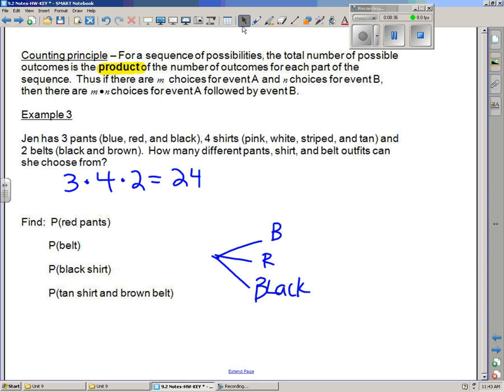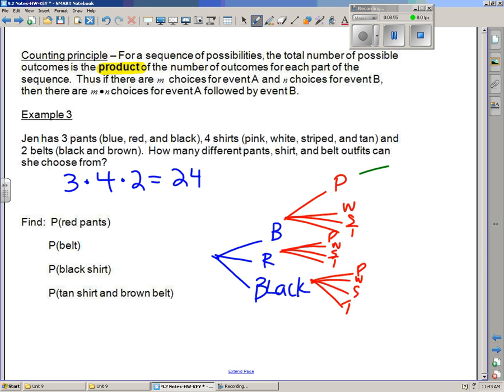Then off of that, in each of them, I would have 4 shirts: pink, white, striped, tan, repeated for each pair of pants. And then off of that, I would have my belts. And then hopefully you can just kind of figure it out from here. But basically, we've got a black and a brown that goes all the way down.